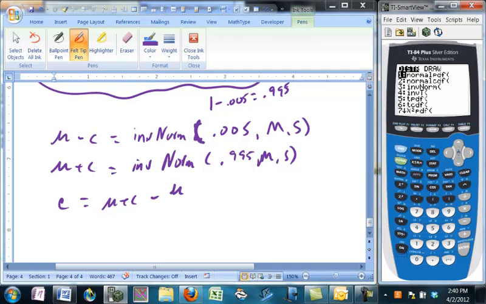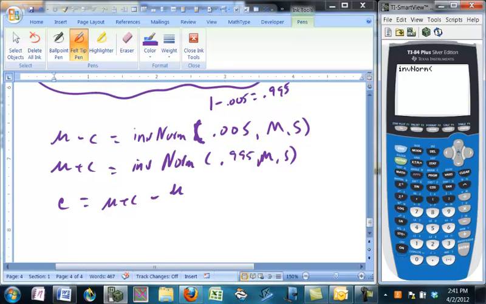Okay, so let's go ahead and figure these out real fast. So, inverse norm, 0.005, M and S. This is our lower bound, which is 1. CDF. I didn't mean to do that. I thought I was doing inverse norm. Let's try it again. It should be number 3.